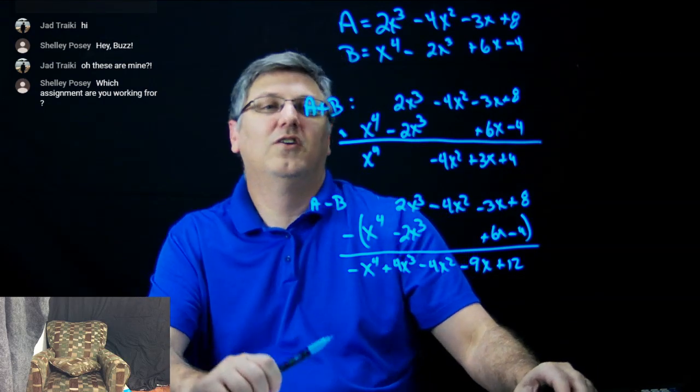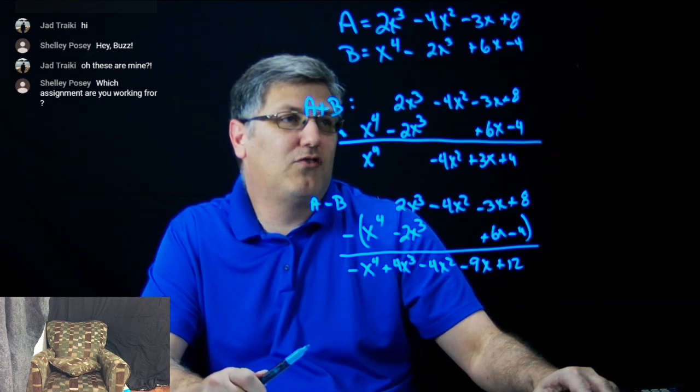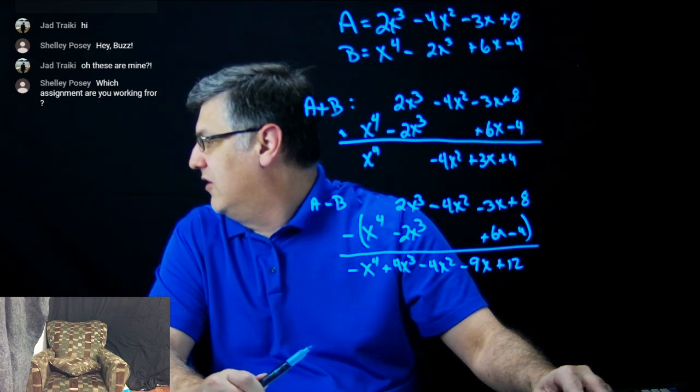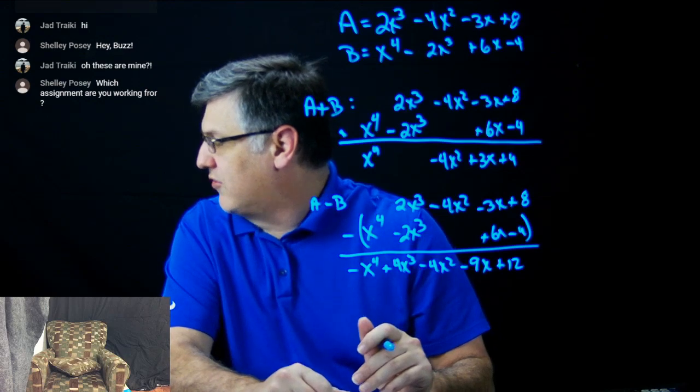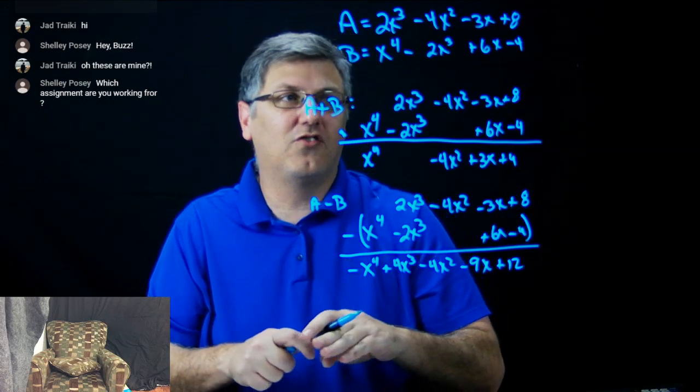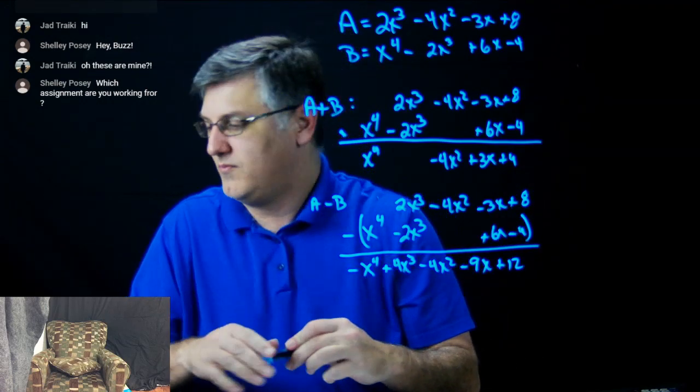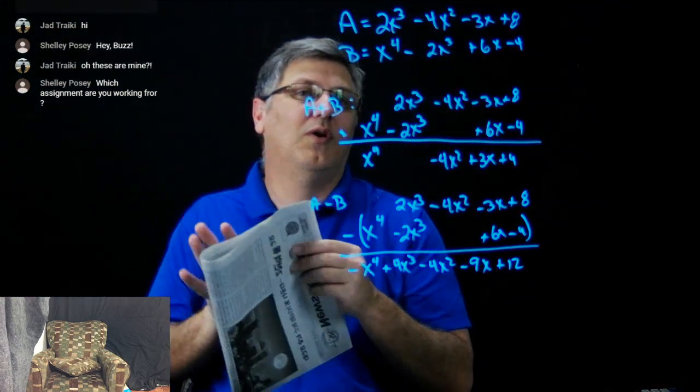All right. So that's how you do a plus b and a minus b. The next one I asked is 2a plus b. So let me erase this so I have some room. And we'll do 2a plus b.